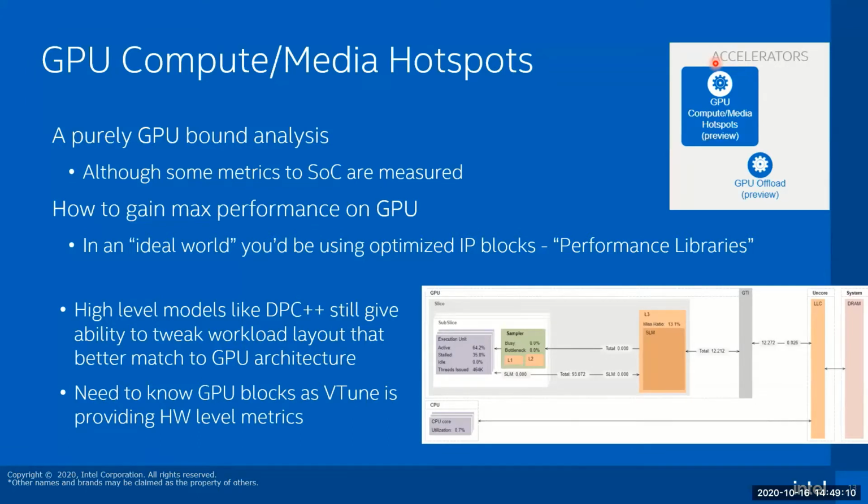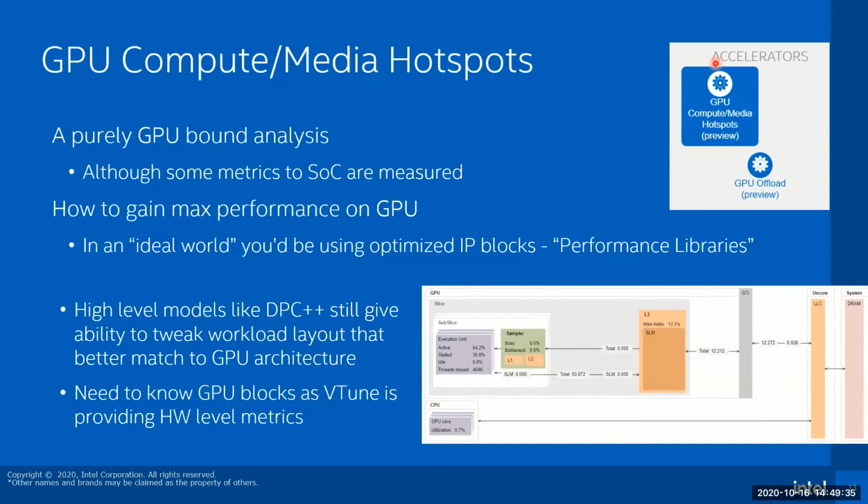Ideally, in the ideal world, we would be happy using some performance libraries like MKL, which would do all the job for us, right? And we would not bother with optimization for specific GPUs. And in most cases, this is the recommended way.